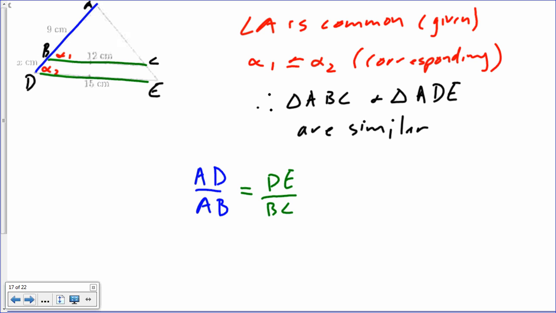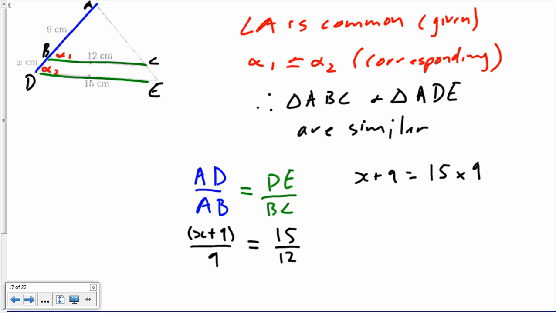So now we've got AD, which is X plus 9, over 9, so in the brackets there, and that equals DE, which is 15 over 12. So I've got a bit of algebra to do here. So X plus 9 equals 15 times 9 over 12.